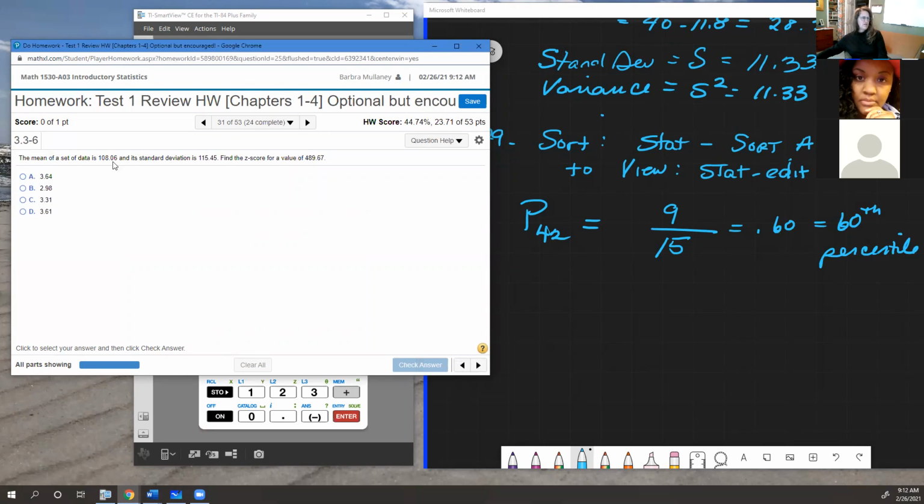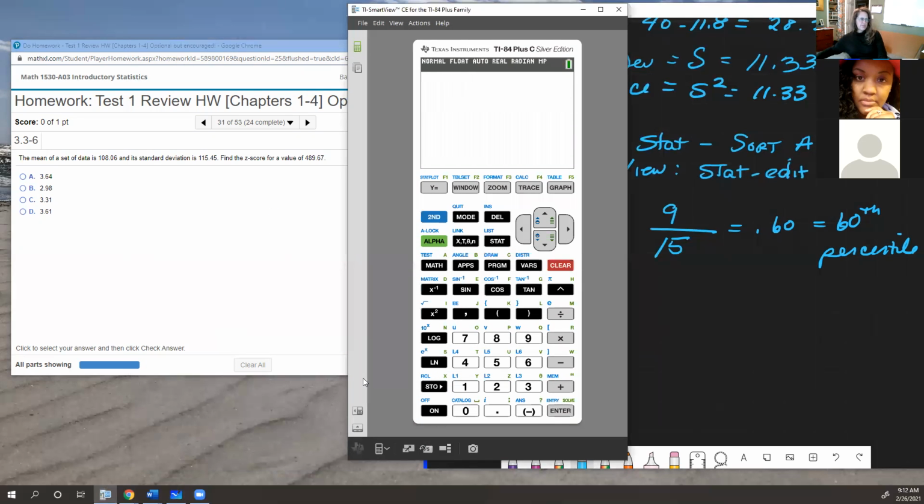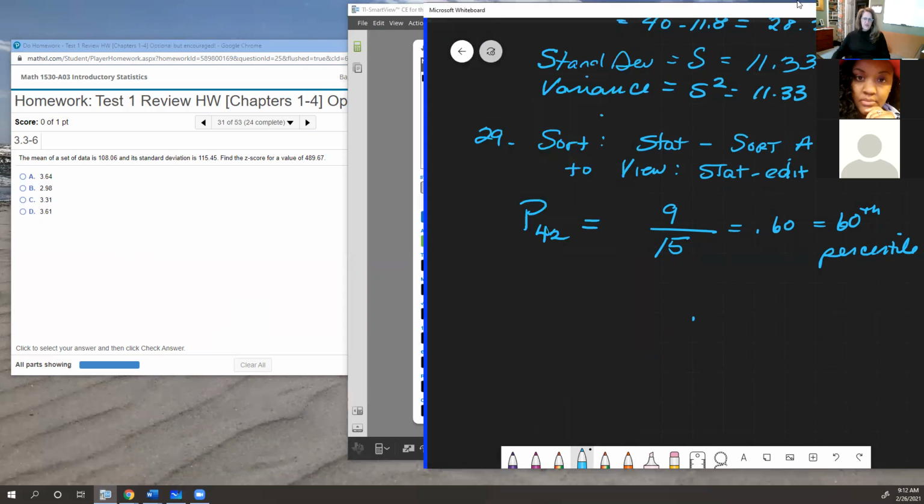The mean is 108.06 and its standard deviation is 115.45. Let's find the z-score of that score. All right. So the z-score, what's the formula for the z-score?